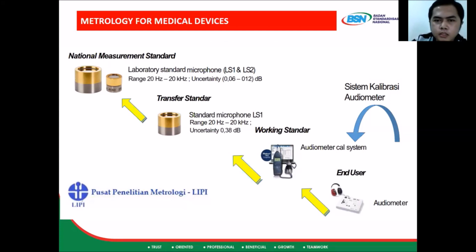We can see that the uncertainty gets smaller toward the top.